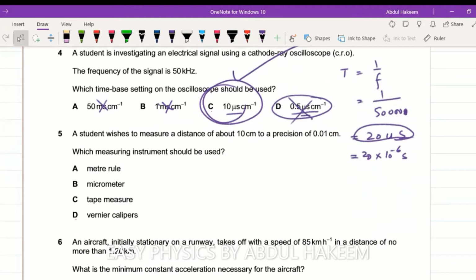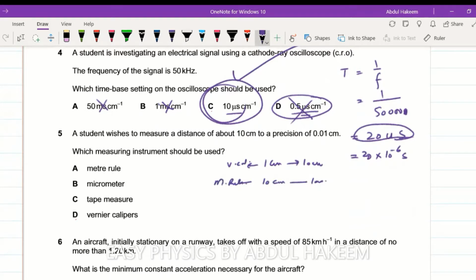The next: a student wishes to measure a distance of about 10 centimeter to a precision of 0.01 centimeter. Which instrument is correct? Look, the distance from 1 centimeter to 10 centimeter is measured by vernier caliper more precisely. If the distance is more than 10 centimeter up to 100, then we use a meter rule.